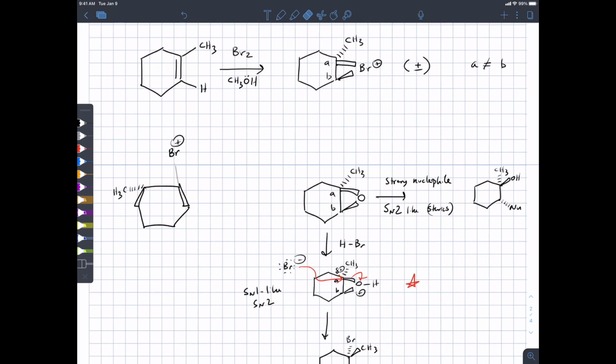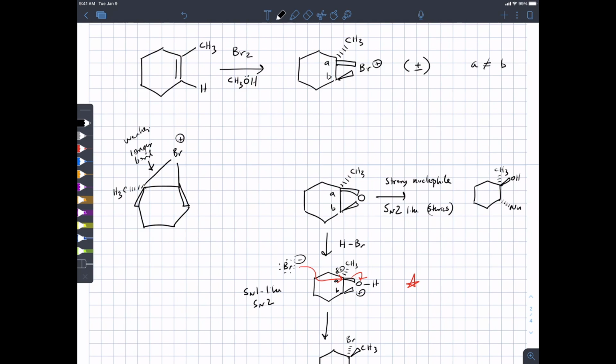And I'm not sure how to represent that other than to maybe exaggerate it. Saying that this bond is longer and weaker.